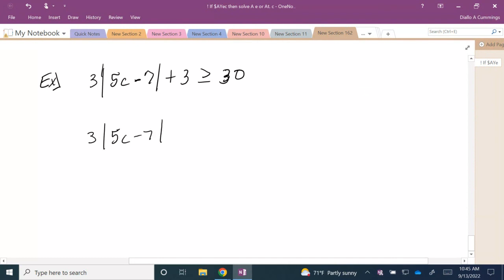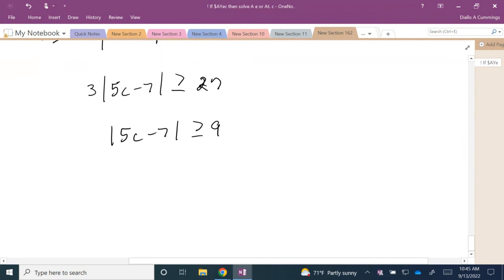We're going to subtract 3 from the right-hand side. So 3 cancels. We're going to bring down the greater than or equal to bar, and 30 minus 3 is 27. Next thing we're going to do is divide both sides by 3. So we have the absolute value of 5c minus 7 is greater than or equal to 9, so we have isolated for the absolute value.